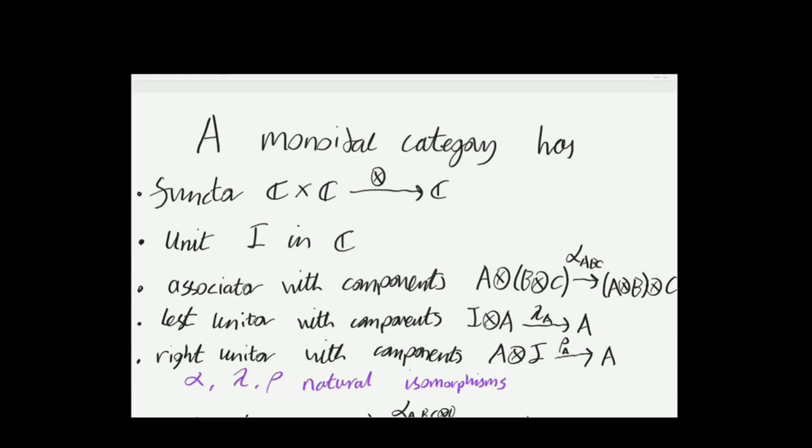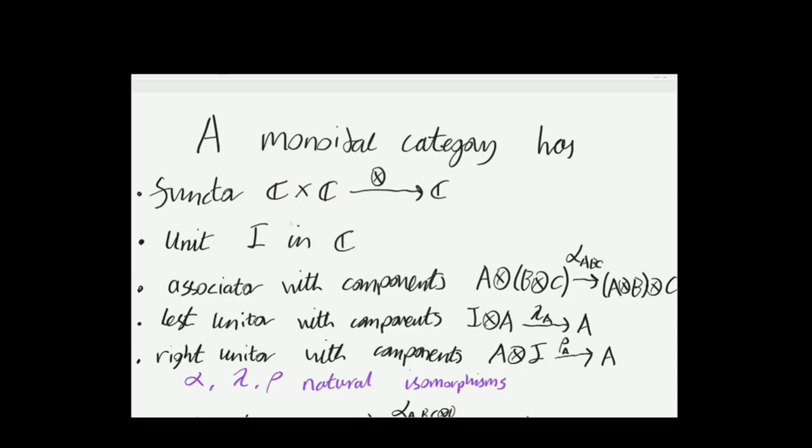So a monoidal category is where we have a category C and we have this functor, which we can call tensor product or monoidal product. And so it takes in a pair of things and outputs another thing in our category. Of course, as a functor, it is defined on pairs of objects, and it's also defined on pairs of arrows.